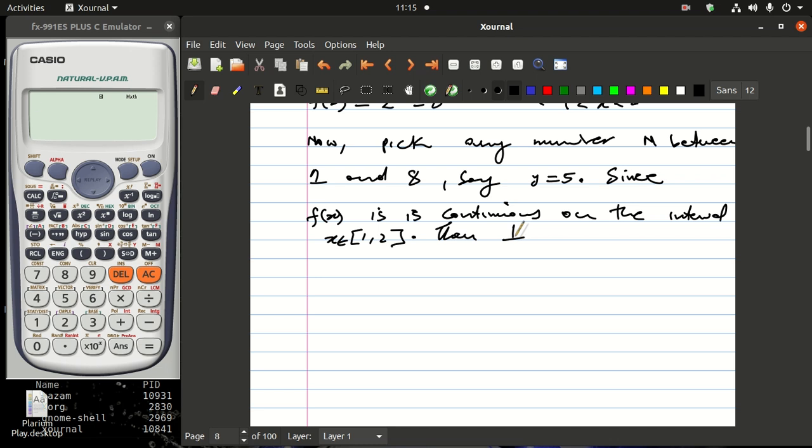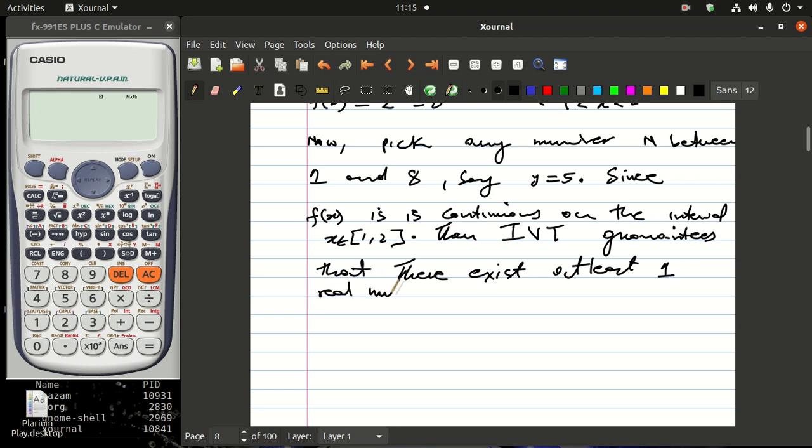then the intermediate value theorem guarantees us that there exists at least one real number C such that if I take this and I plug it inside C, I actually get a 5.